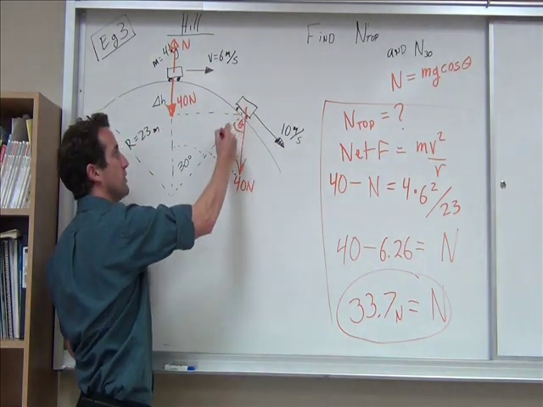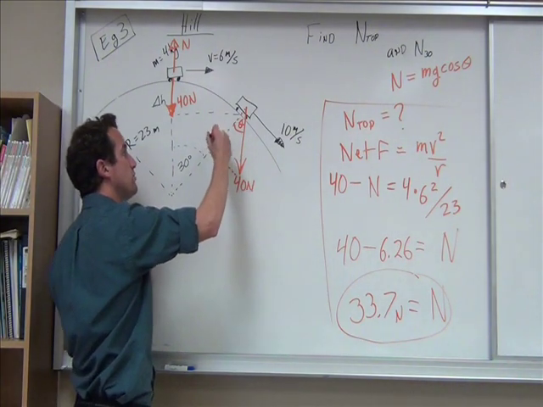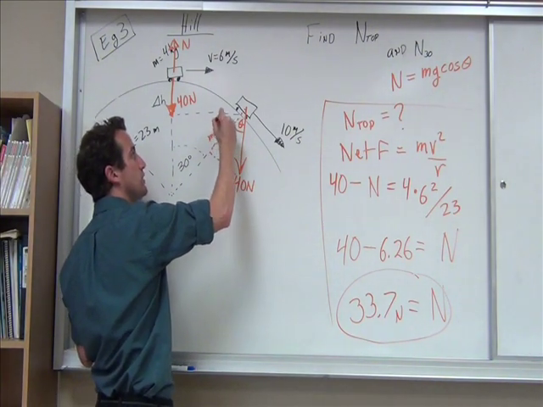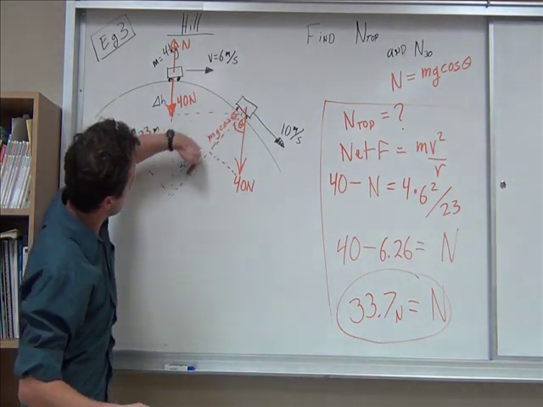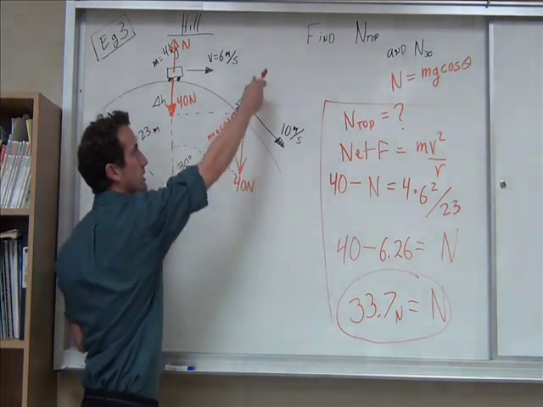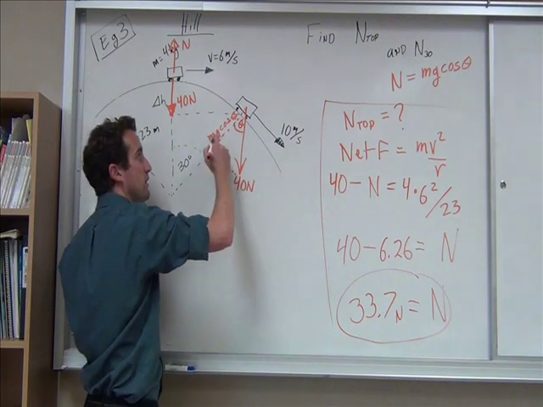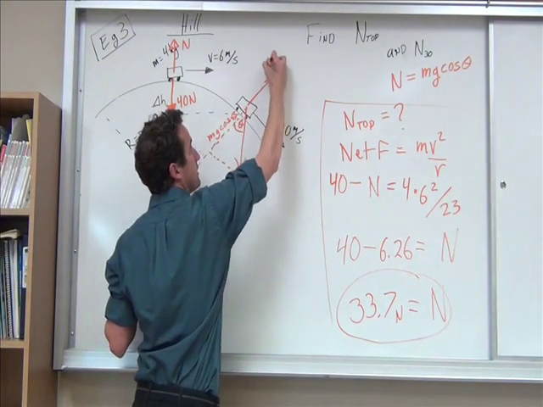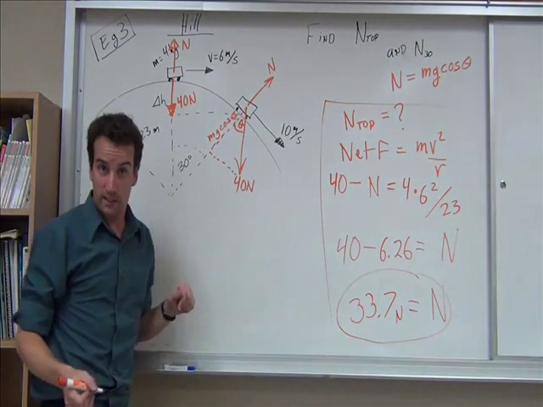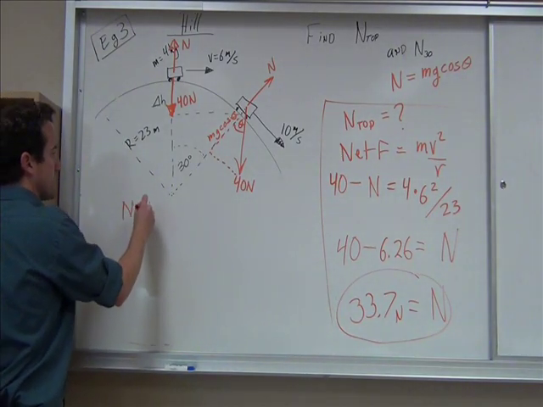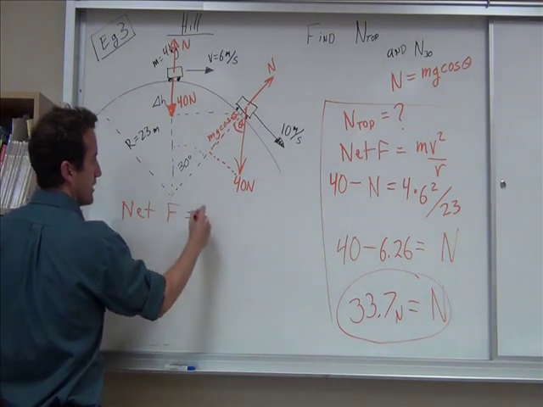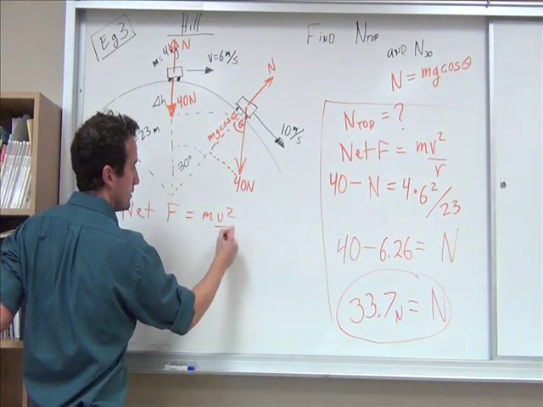In this direction, though, we have mg cos theta, which is causing it to accelerate toward the center. Mg cos theta is very relevant. The normal force pushes in this direction, causing it to not accelerate toward the center. Let's figure out what the normal force is. Net force equals mv squared over r.